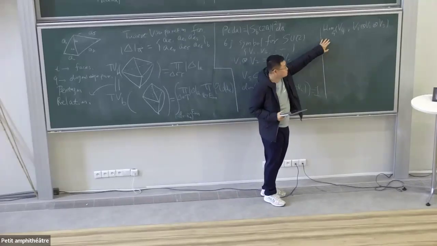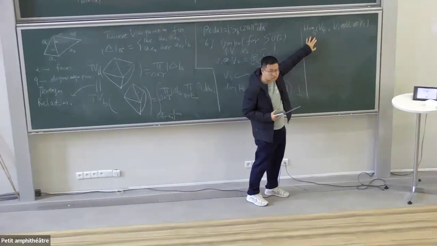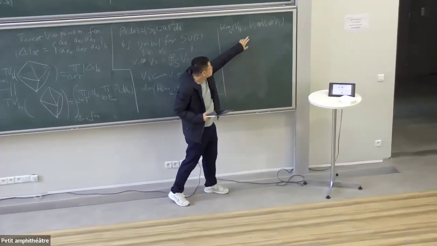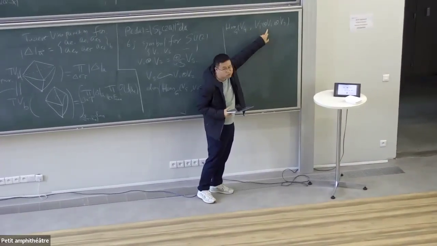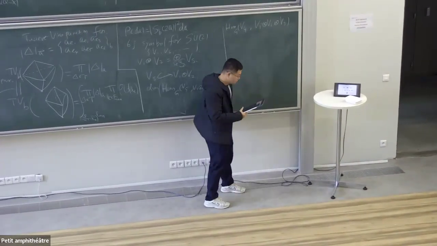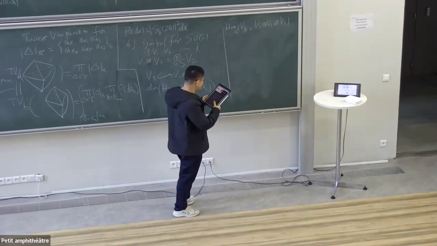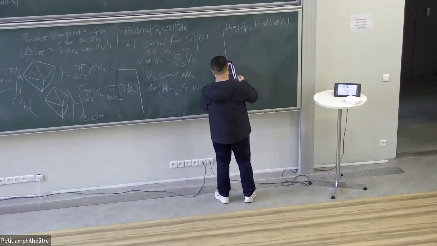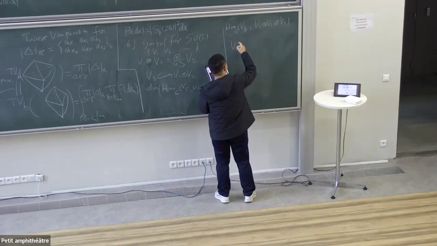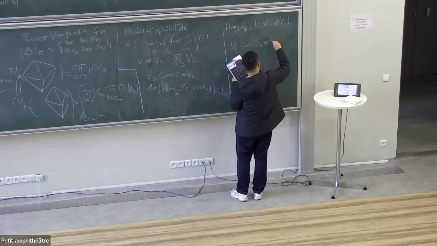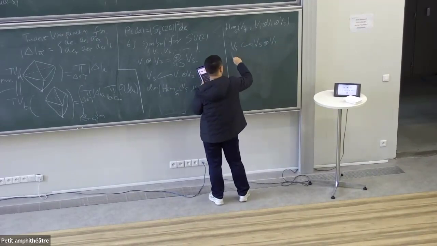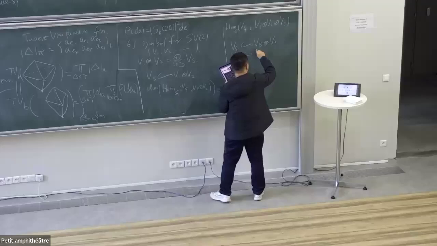There are two natural bases for this linear space, depending on whether we first fuse V1 and V2, or we first fuse V2 and V3. Let's say we first fuse V1 and V2, and then one natural thing to do is we first choose the S, so that we first embed V4 into VS tensor V3, and then we embed VS into V1 tensor V2.